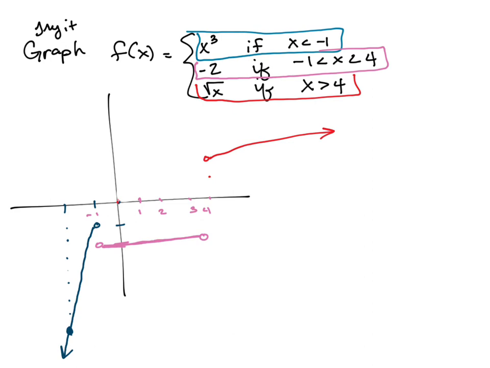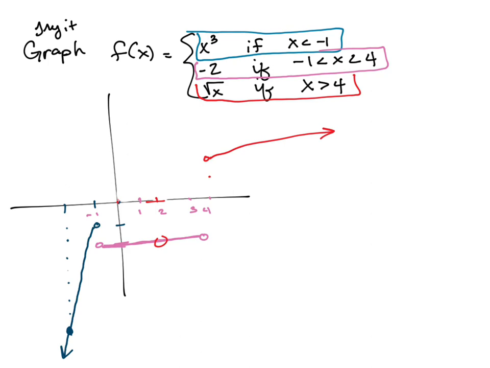Okay, so listen. What is f of 2? Negative 2. F of 2 is negative 2. So I have to find in this domain where 2 fits. It fits in the pink one. So input 2, output negative 2.